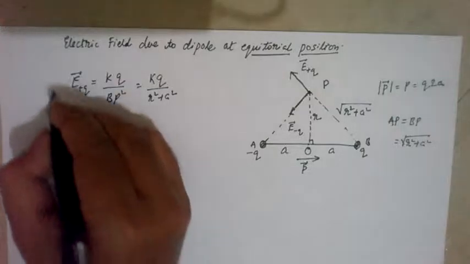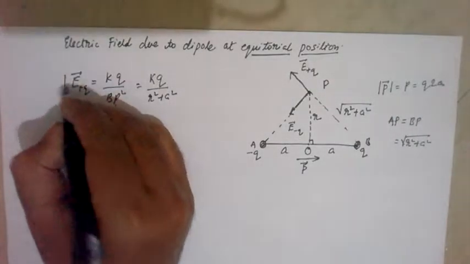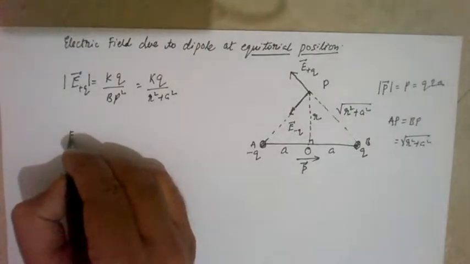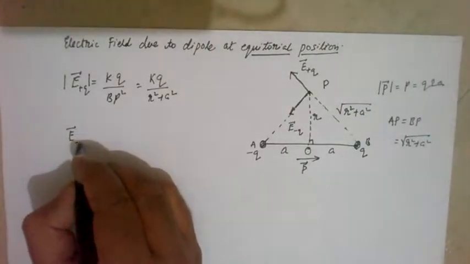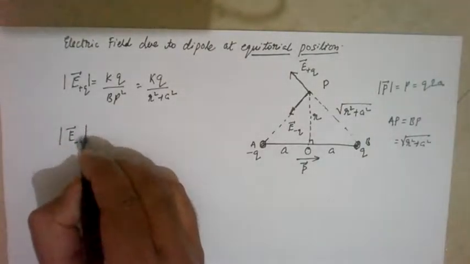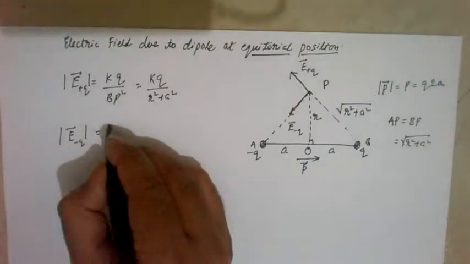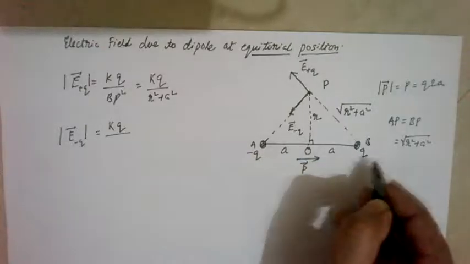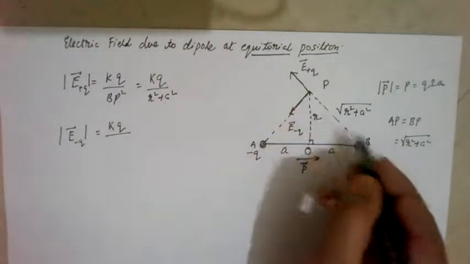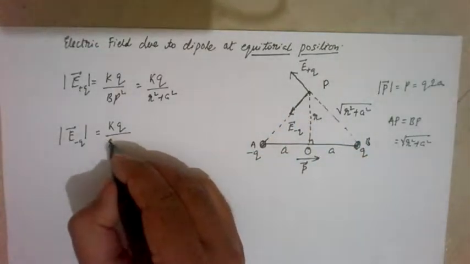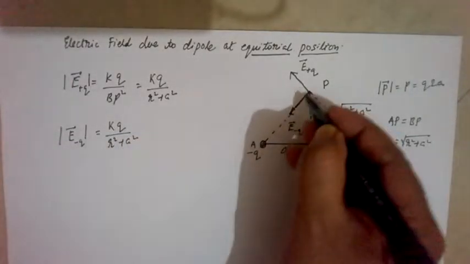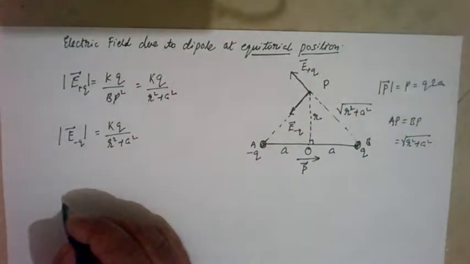Similarly, the electric field produced due to minus q charge has the same magnitude, as the charge has the same magnitude and the distance is also the same, so this is r square plus a square, which is actually AP square.